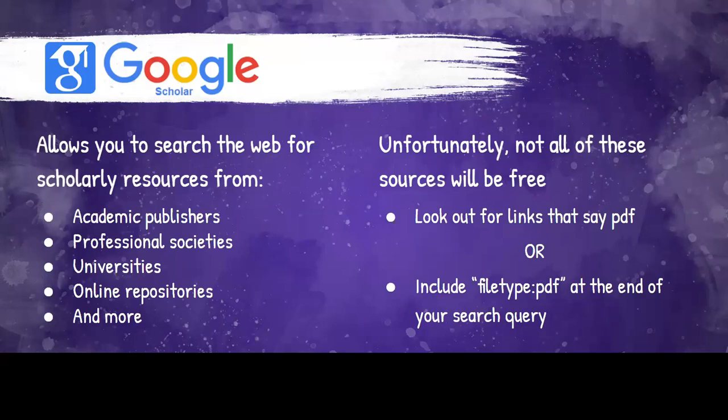So Google Scholar is just a really awesome search tool for finding scholarly resources. These are going to be any kind of resources that have been published by academic publishers, professional societies, universities, sometimes online repositories, and others. Scholarly research just means it has been published by a professional or a scholar in that particular field.